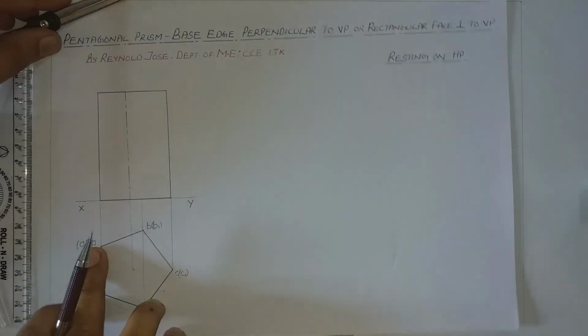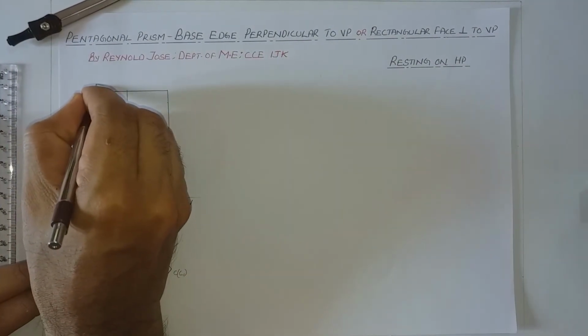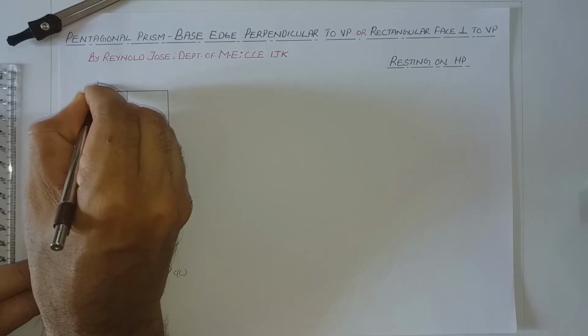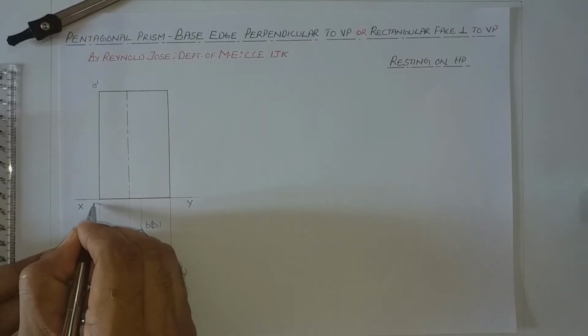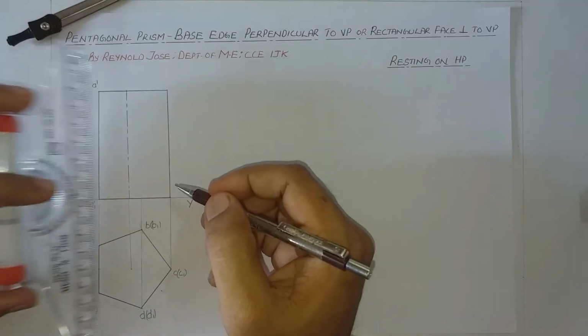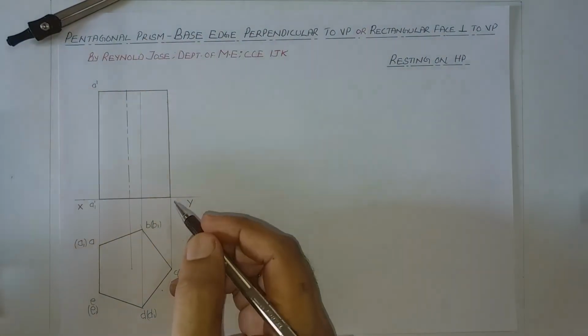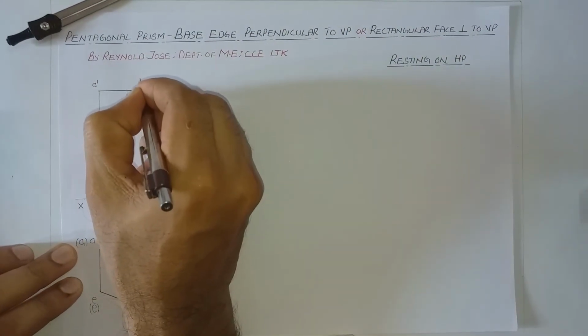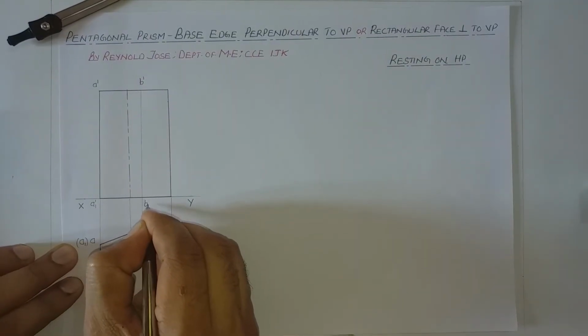So here, point A. A is on the top face, so this will be A dash. And A1 will be at the bottom face, A1 dash. Next it is B and B1. B will be on the top face, so this is B dash and this is B1 dash.